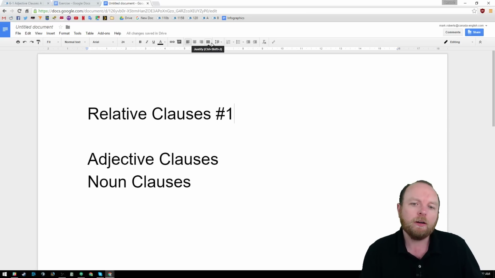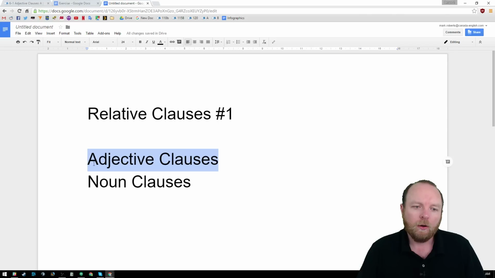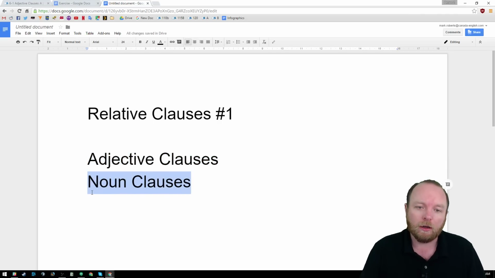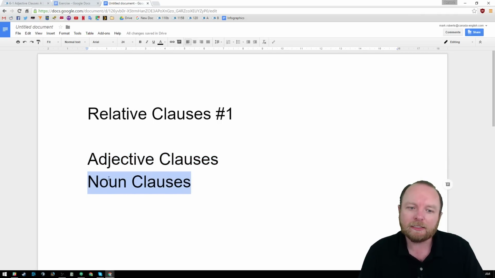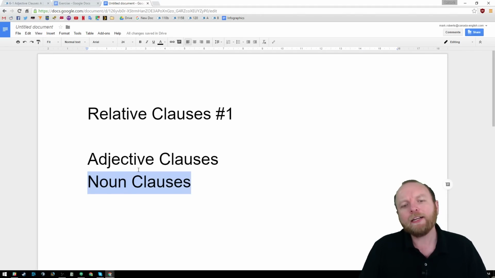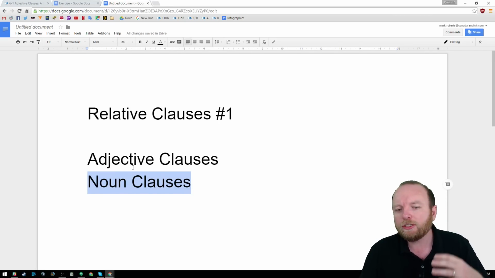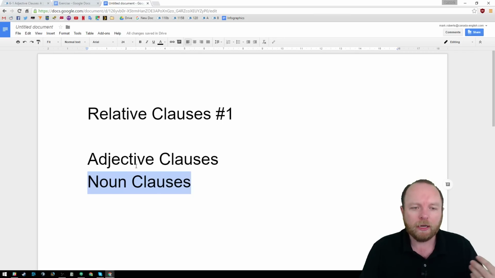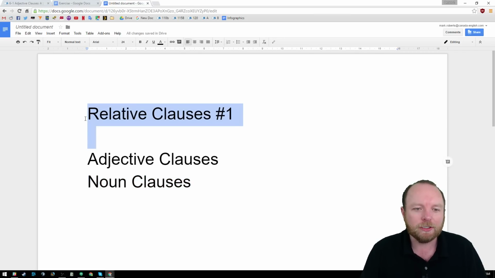We're going to talk about adjective clauses today. And then next Wednesday, we will talk about noun clauses, so the lesson next week will be called Relative Clauses Number 2. I like to teach relative clauses this way. Some teachers do it a different way, but this is my class and I'm going to do it my way.